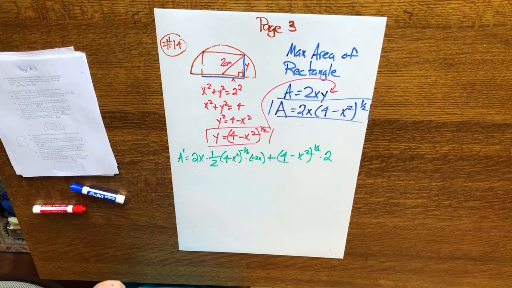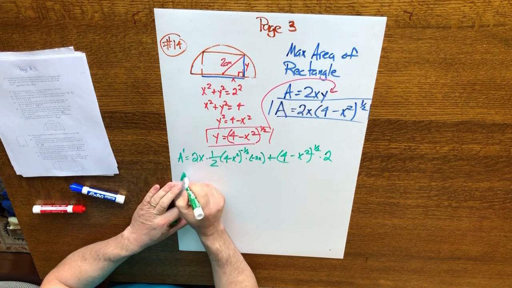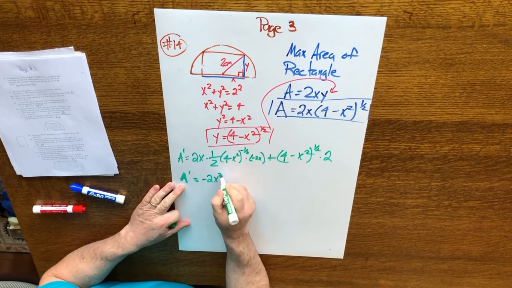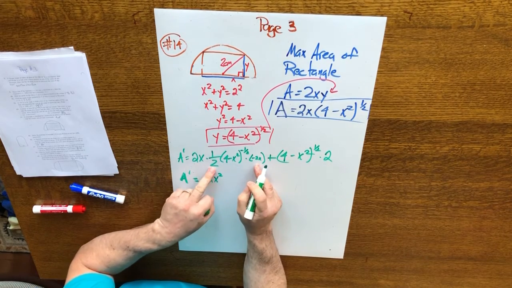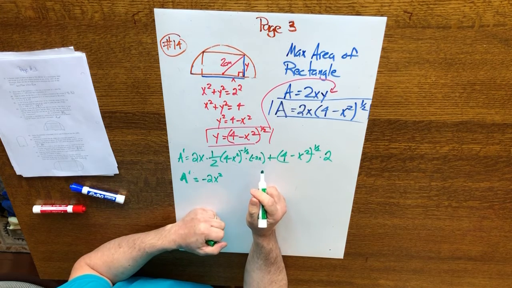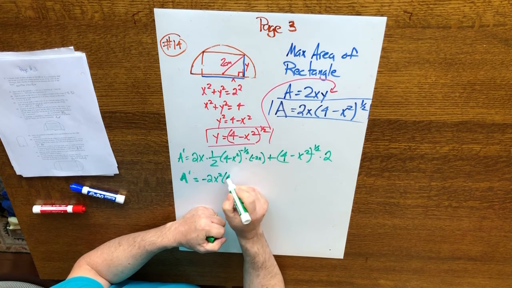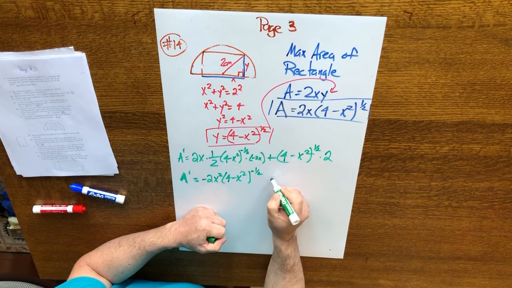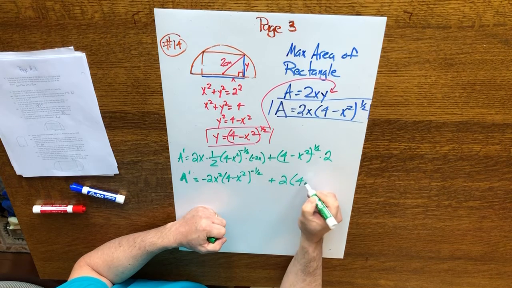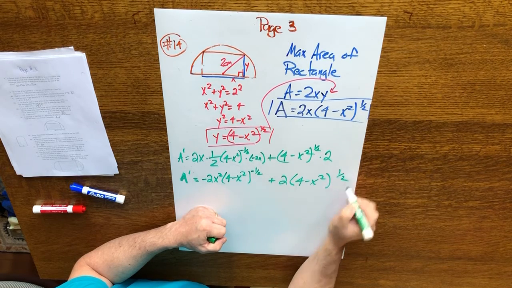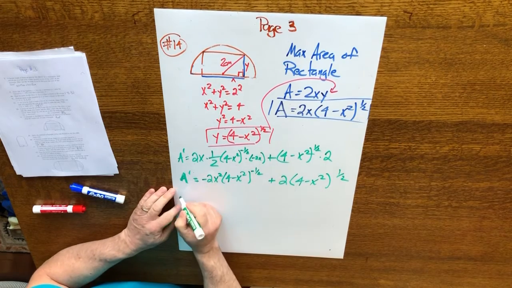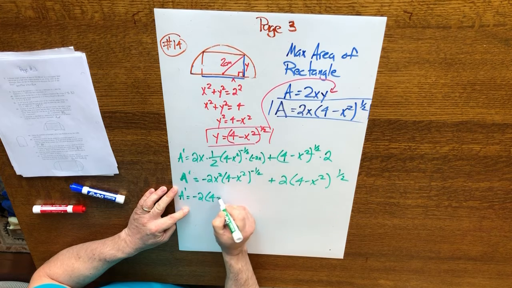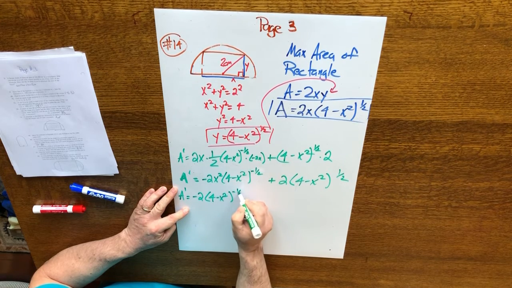So this is what I'm getting as I simplify it. A prime equals negative 2x squared times 4 minus x squared to the minus 1/2, plus 2 times 4 minus x squared to the 1/2. Between these two, I'm going to common factor. I can factor out a negative 2 and a 4 minus x squared to the minus 1/2.